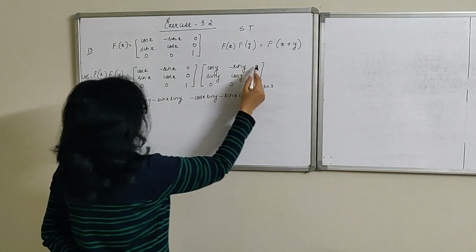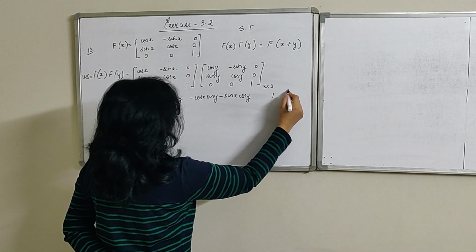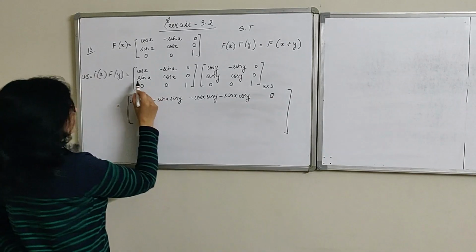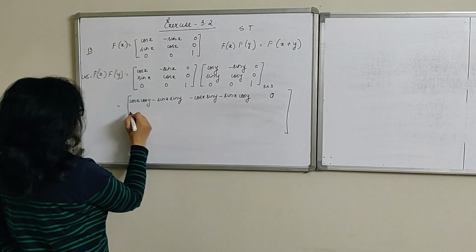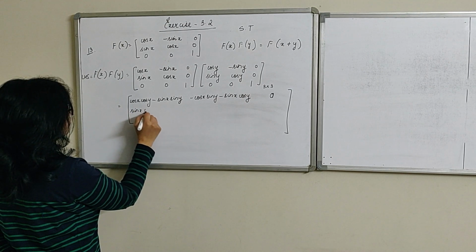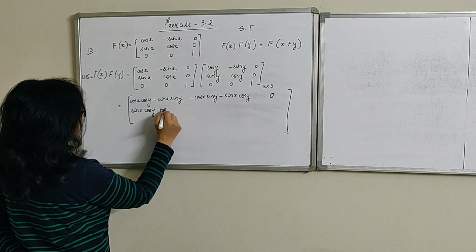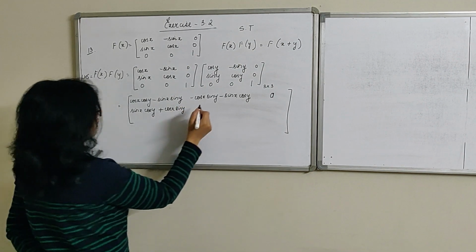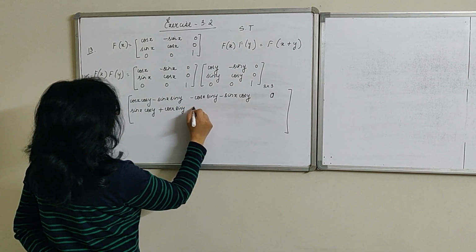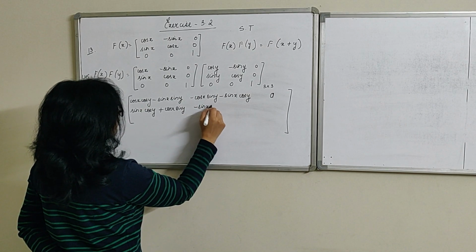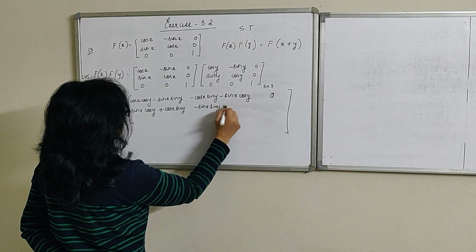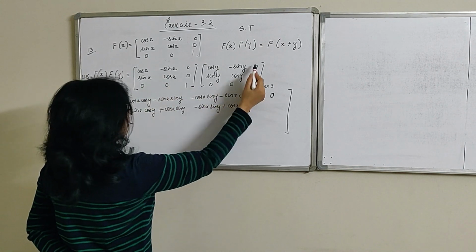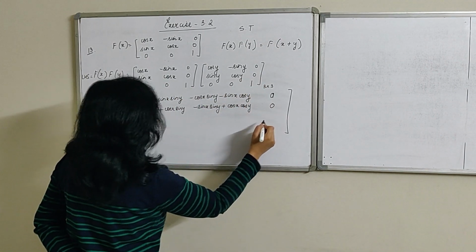The first row multiplied by the last column gives 0. Second row multiplied by first column, sin x cos y plus cos x sin y plus 0. And the second element here is minus sin x sin y plus cos x cos y, and this row multiplied by third column gives 0.